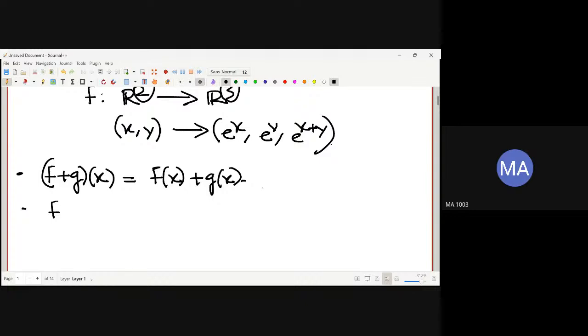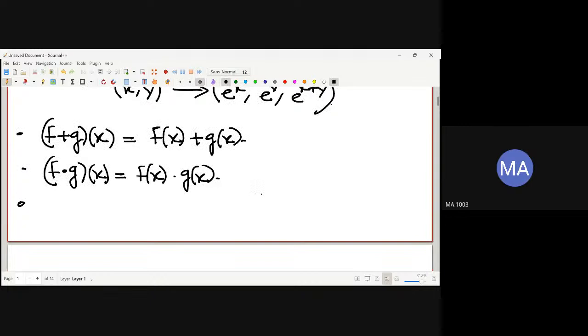And if g is non-zero, then you can as well define the quotient, right? Again, with the condition that g is not equal to 0, because if at some point g is 0, then this is not well defined.